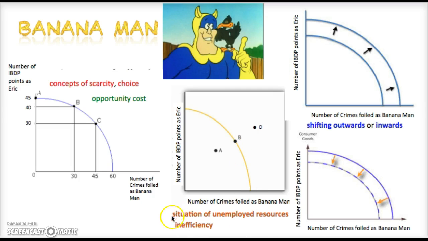So again, we would write a scenario in there that explains this in the context of Banana Man, like I've just explained. Okay, so up here, we've got the production possibility frontier shifting outwards. So this is possible. In the real world, for example, like I said in the introduction video, this is possible when there's been an improvement of quality or an increase in quantity of any of the factors of production.